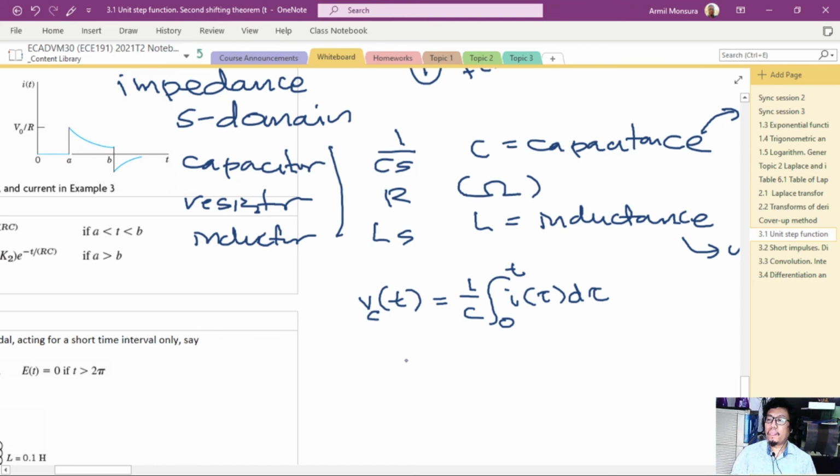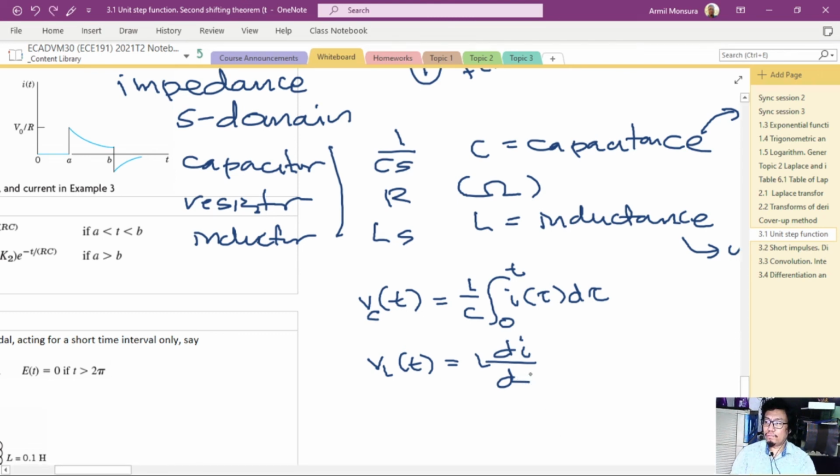So that's the voltage across a capacitor, given the current, so you have to integrate. And for the inductor, the voltage across the inductor is L times the derivative of the current with respect to time.